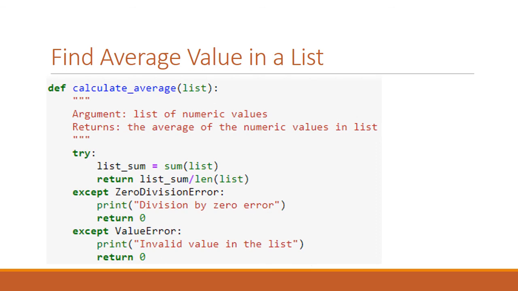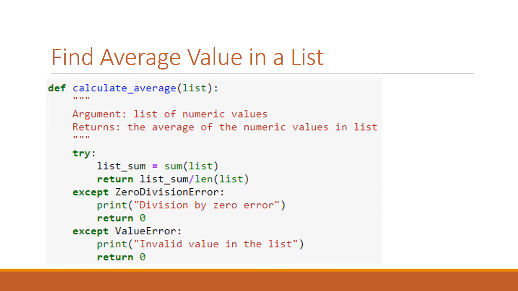We also need a function that will calculate the average of a list of numeric values. So our function's name is calculate average. The parameter is a list of numeric values. And our function is going to return the average of the numeric values in the list.